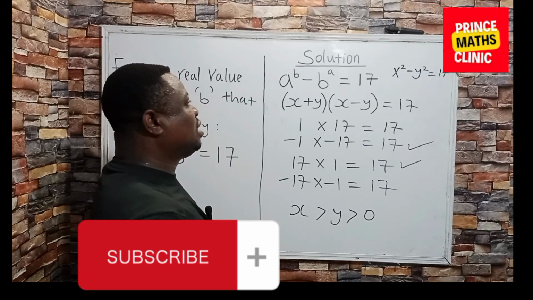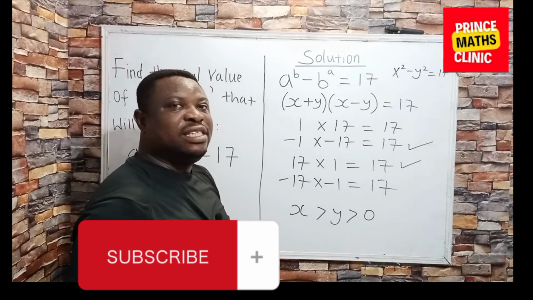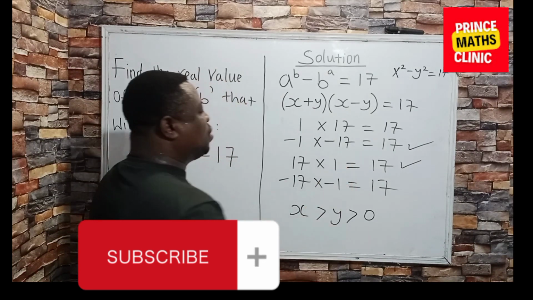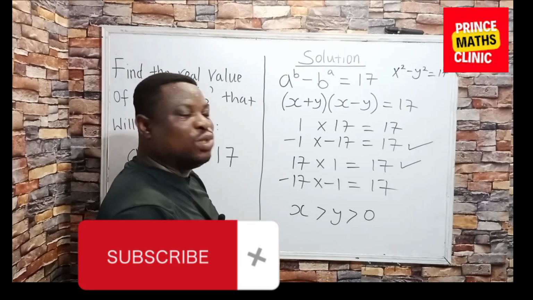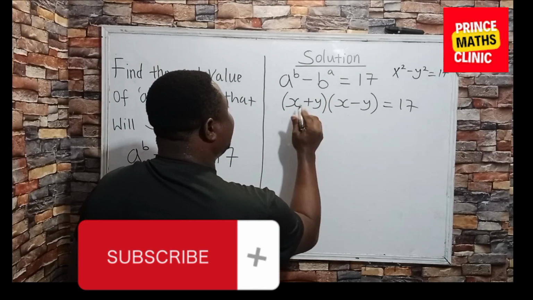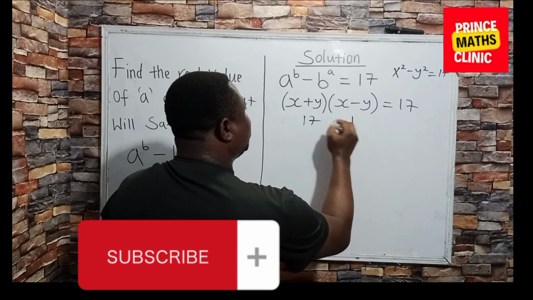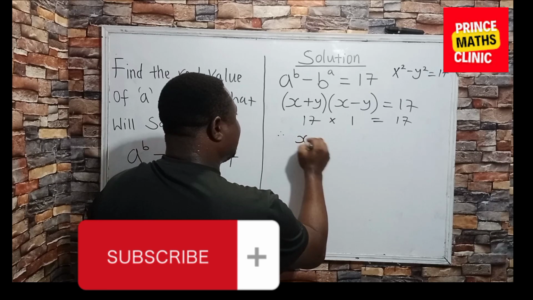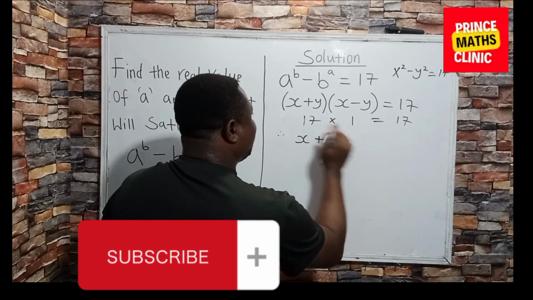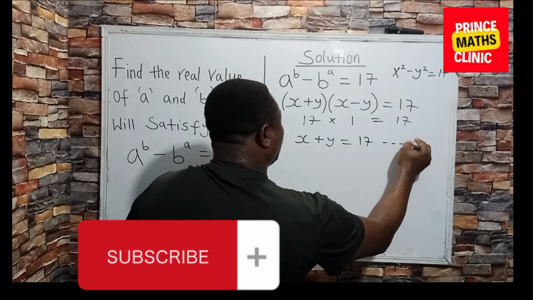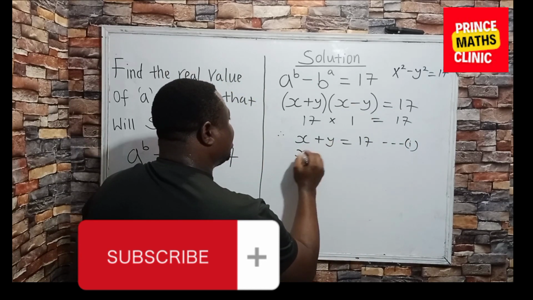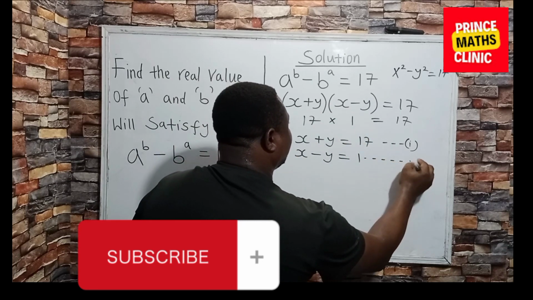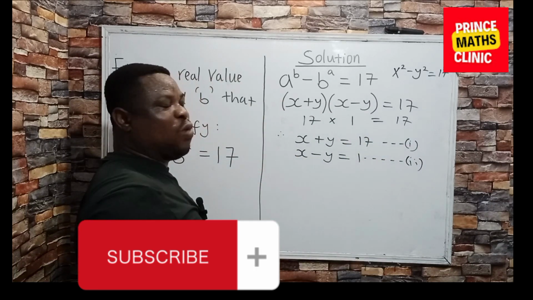So working on this, I want to work with this particular one, that is 17 times 1 equals 17. So remember, if the product is 17, it means that my X plus Y is 17, call this equation 1, and my X minus Y equals 1.